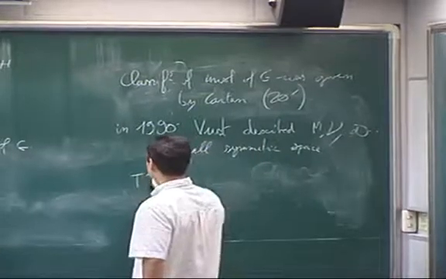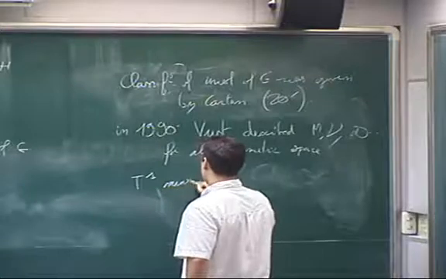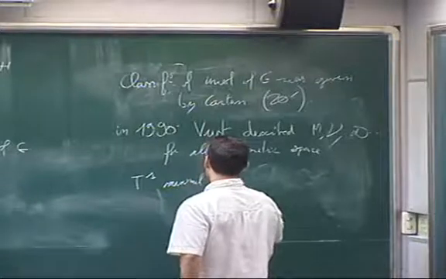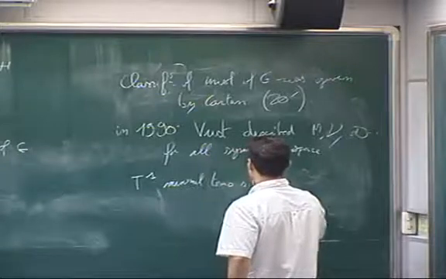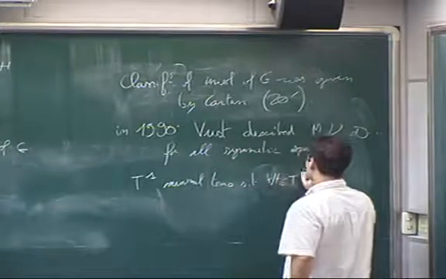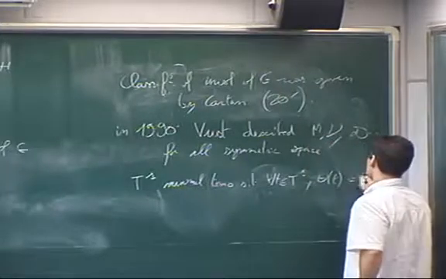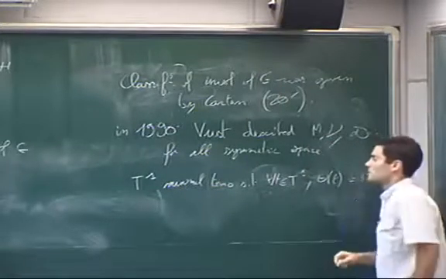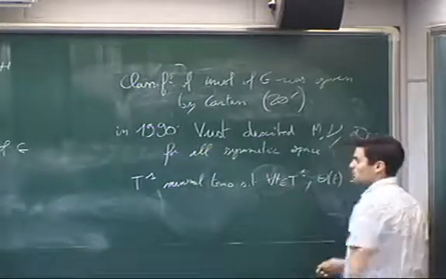So first we define T1, a maximal torus, such that for all t in T1, theta of t is equal to t minus 1. So it's maximal with this property.